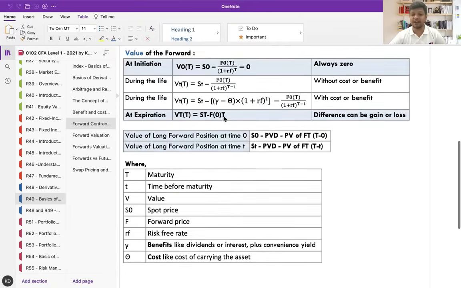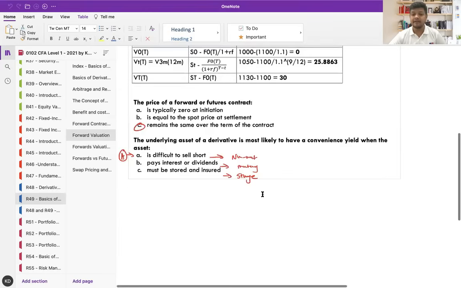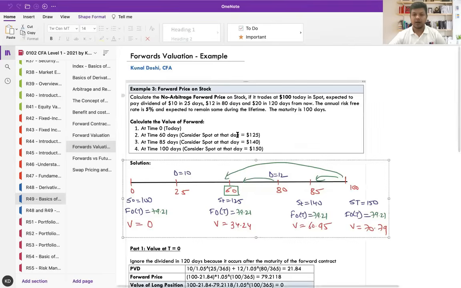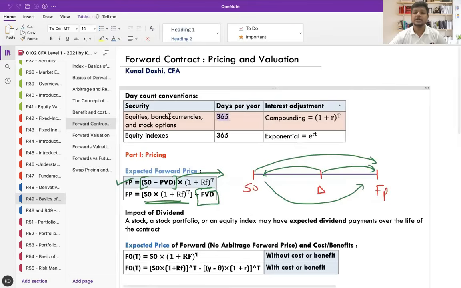If you recollect the time value of money discussion, every time I've used 365. Correct. So you should use 365 days in a year, and everything we've done is compounding, raised to t. We've not used simple interest rate, or even exponential. We have used only compounding.